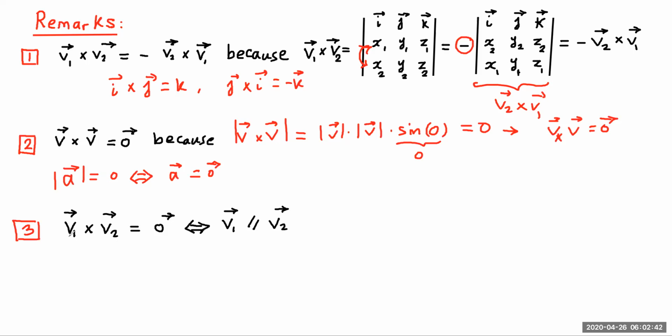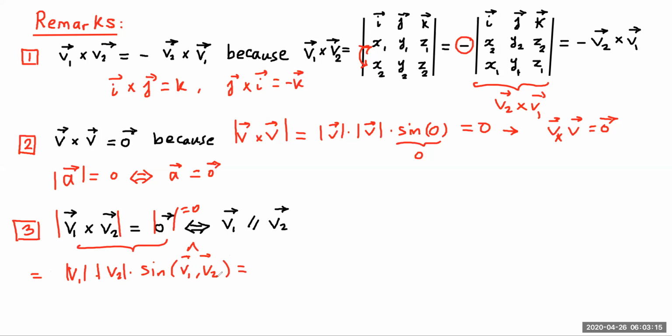Remark number 3. If V1 cross V2 equals the vector 0, this is equivalent to V1 parallel to V2. Because if we suppose that V1 cross V2 is 0, then the length will also be the number 0. So the length, which is equal to length V1 times length V2 times sine theta between V1 and V2, will be 0. But I know that the vector V2 is not 0 and the vector V1 is not 0, so their lengths are not 0.